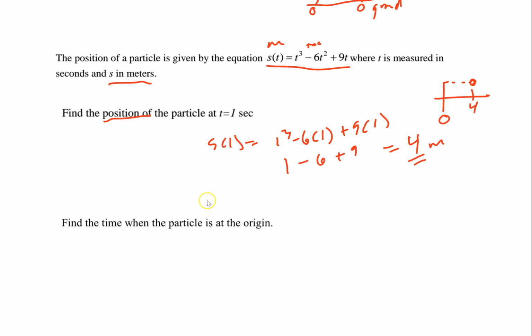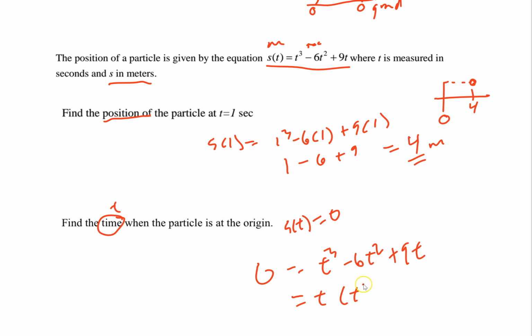Find the time when the particle is at the origin. Notice we're looking for time. That's what we want, so we're not going to plug in here, we're going to plug into here. Particle is at the origin, so we say s of t equals 0, because the origin is 0. So you set 0 equal to t cubed minus 6t squared plus 9t. You could factor out a t because they all have a t in common.